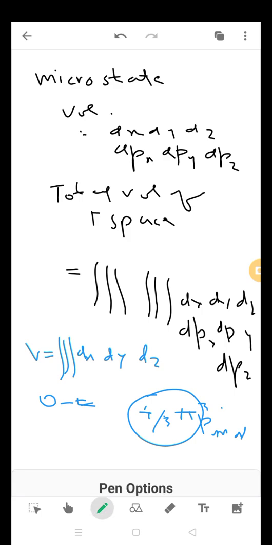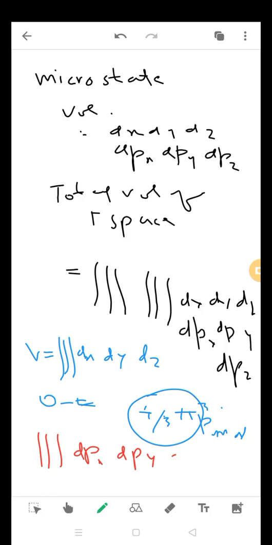So the integration of the momentum part, dpx, dpy and dpz, is equal to the volume of the space created by px, py and pz, which is 4/3 pi p max cube.